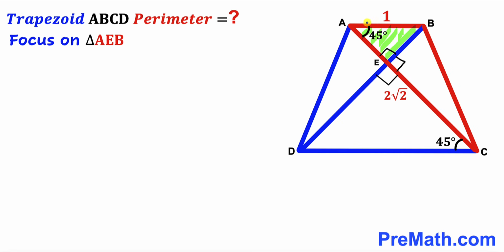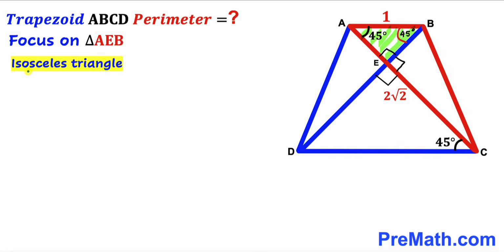We know this angle is 45 degrees, this is 90 degrees. So this angle has got to be 45 degrees. So we conclude that triangle AEB is an isosceles triangle, since this angle is congruent to this angle. So this side AE length has got to be equal to this side BE length.